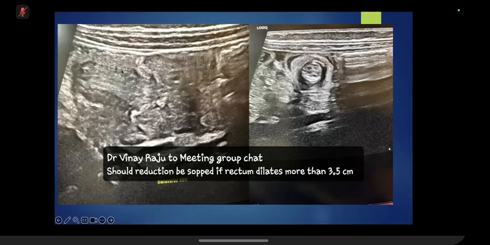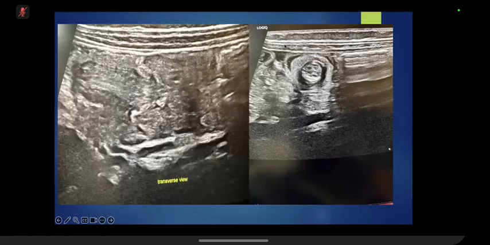You can see this one was taken in the transverse view. This is the outer part of the bowel, this is the inner part. But because of the ultrasound image quality, you are not able to see exactly. But the inside was very hyperechoic, then hypoechoic, and the outer wall was hypoechoic. It should be stopped if you suspect that the rectum is dilated more than 3.5 centimeter.